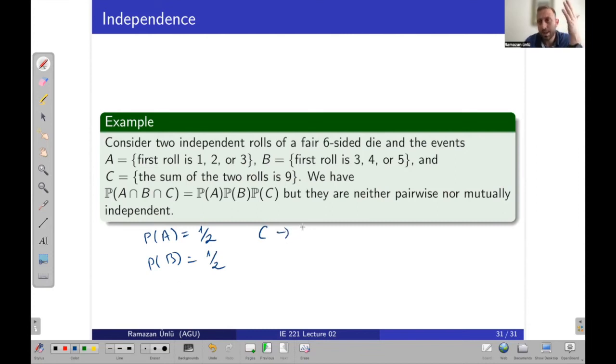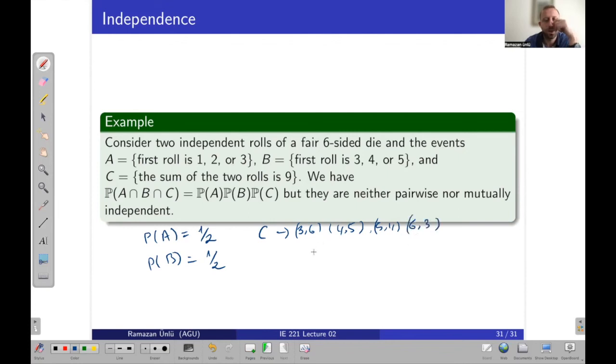So C can take 36 different values, but only some of them will satisfy this condition, right? And it can be (3,6), (4,5), (5,4), and (6,3), right?